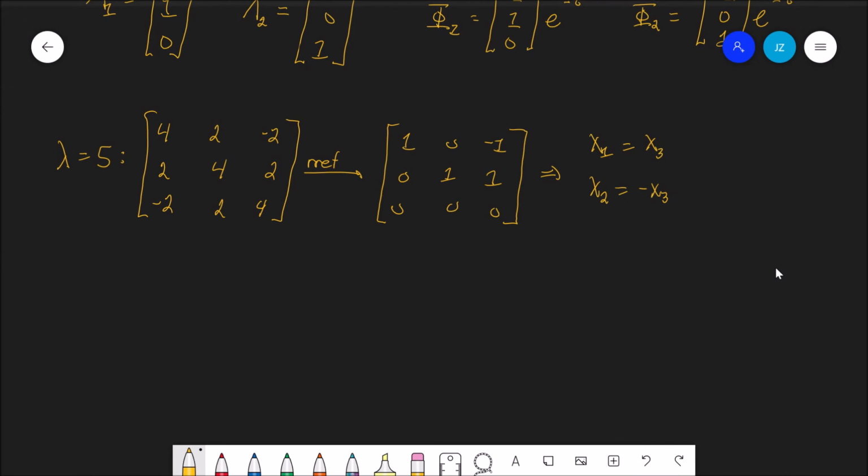And so we get our third eigenvector of 1, negative 1, 1, which gives us our third solution vector, 1, negative 1, 1, e to the 5t.